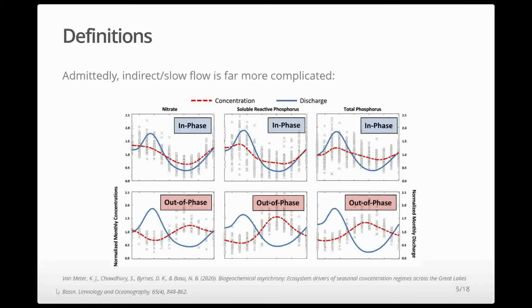Now, indirect slow flow in itself carries some baggage. It's not to say that slow flow is indicative of any particular phenomenon, rather a set of phenomena that occur after that direct, quick flow runoff portion of the hydrograph dissipates. So, for instance, Van Meter et al., shown here, shows that concentration and discharge are not necessarily in phase.